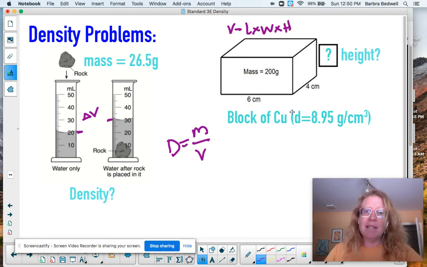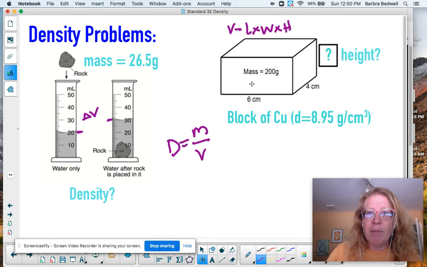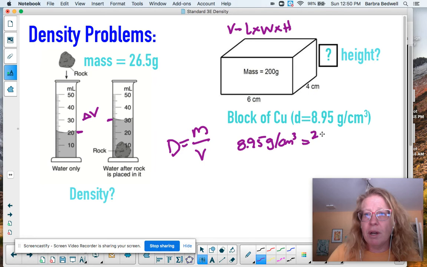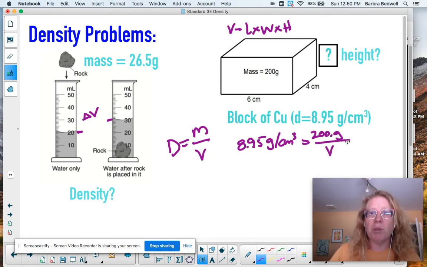So when we're doing density over here, we're given density and we're given mass, and we're trying to find the height, which is our missing piece. So plug your numbers in where they go. Density goes in this part of our equation, 8.95. This is grams per cubic centimeter. On the other side, we've got the mass right here, 200 grams. And then we've got volume, which is what we're trying to solve.